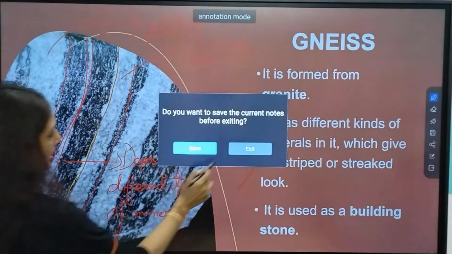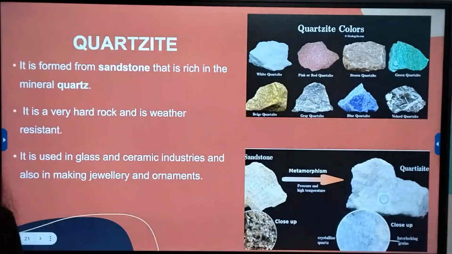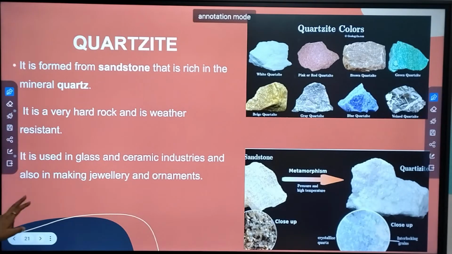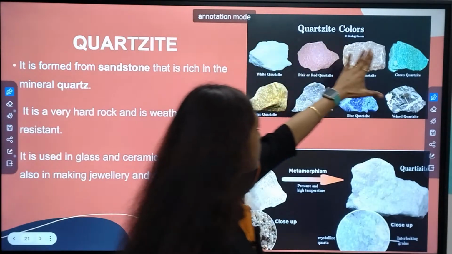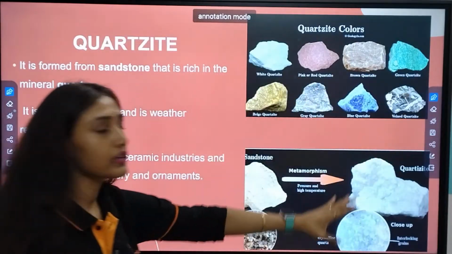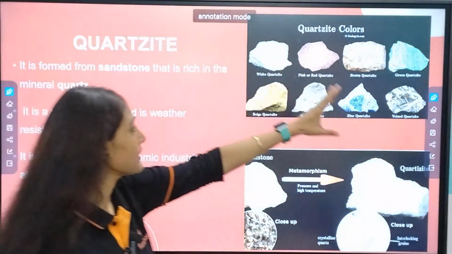Okay, last. Last is quartzite. See, so many types of quartzite are there. In other types of rock, you haven't seen so many colors.